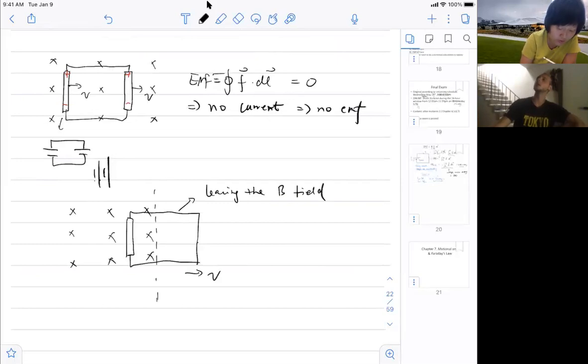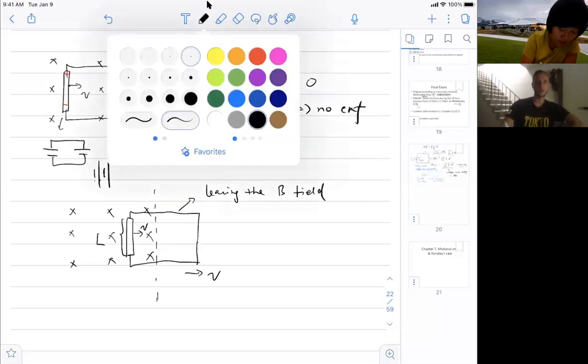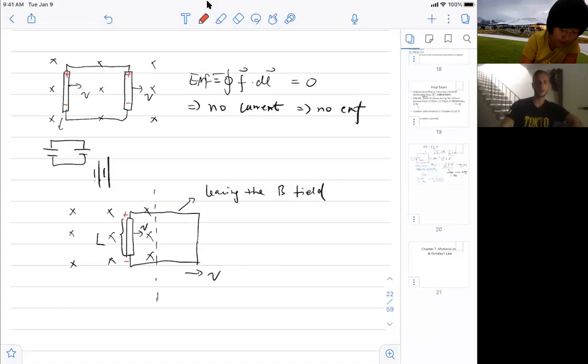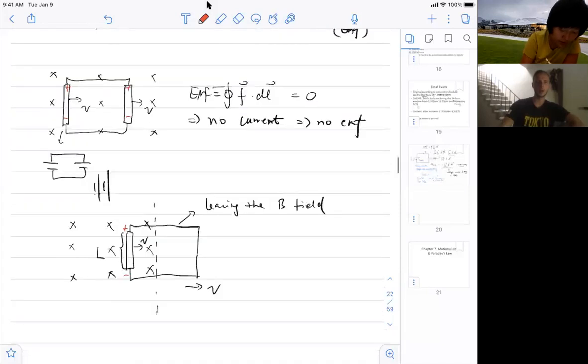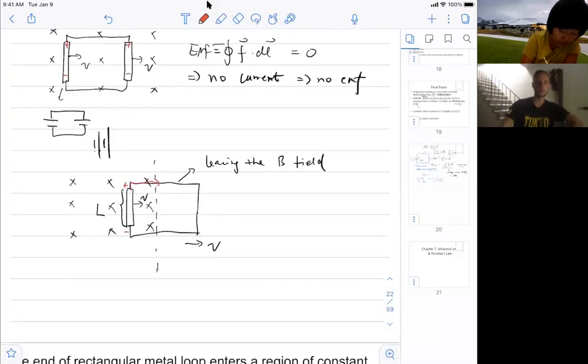This metal bar is moving. So we can find out in which way the current is going to be flowing. Okay, so this is L, and this is positive, this is negative, right? So it's going to drive a current flowing in this direction if you have a complete circuit. If you don't have a complete circuit, it will become a battery, but if you don't connect the battery with a wire, it will not have any current. So this one does have current.